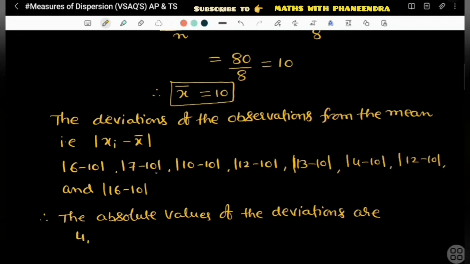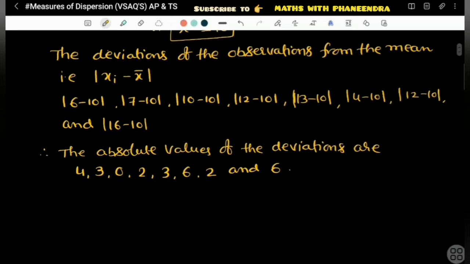Mod 7 minus 10 is minus 3, it becomes plus 3. Next 10 minus 10 is 0, 12 minus 10 is 2, 13 minus 10 is 3, mod 4 minus 10 is minus 6, it becomes plus 6, mod 12 minus 10 is 2, and 16 minus 10 is 6. These are the absolute values of the deviations.